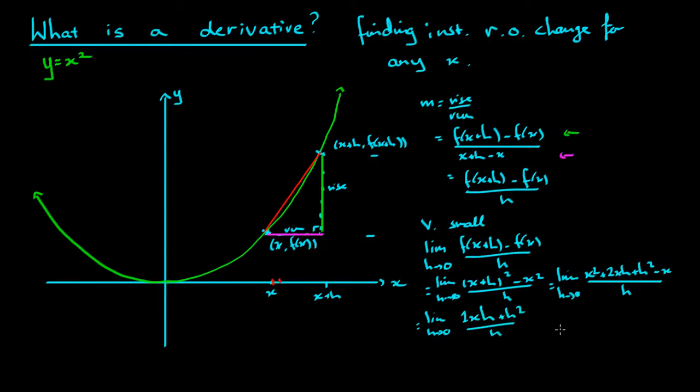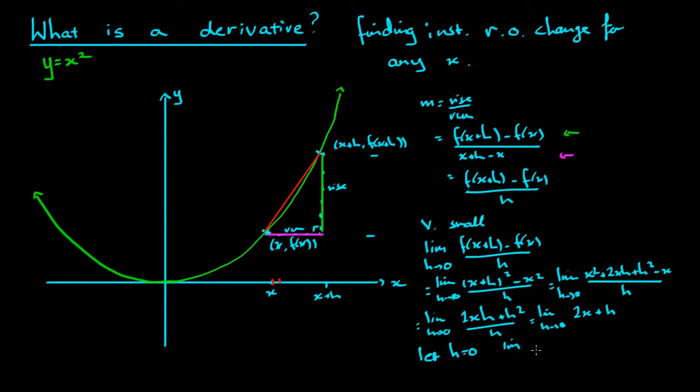Now we can divide everything by h. If we were dividing by 0, that would be a problem, but since we're using a limit, h only comes very close to 0. So this is equal to the limit as h approaches 0 of 2x + h, and since now we're no longer having to divide by 0, which would cause problems, we can say let h equal 0.